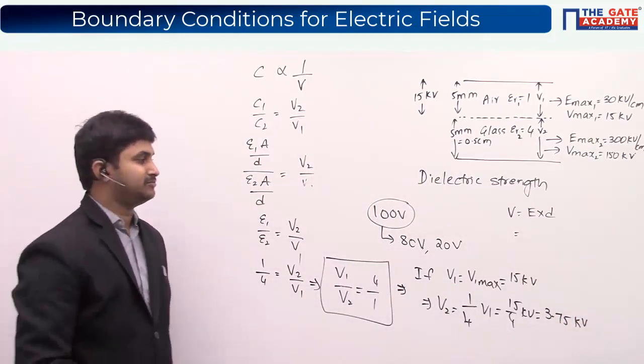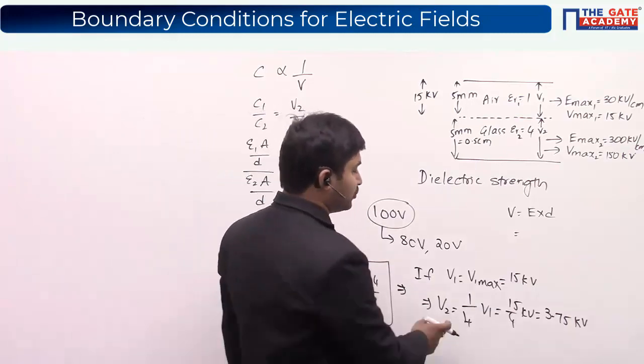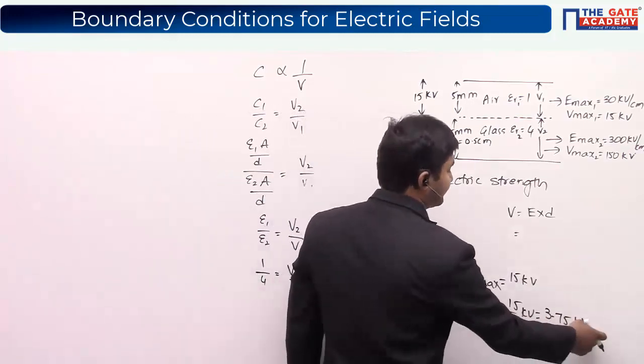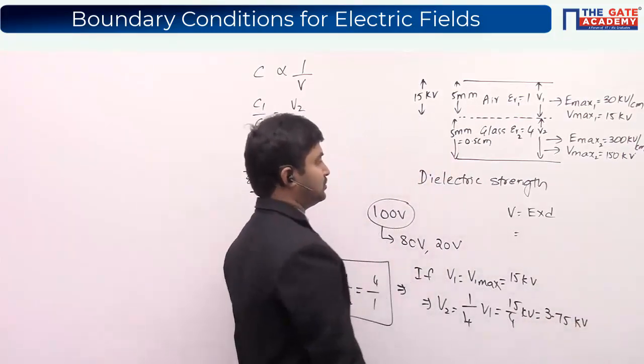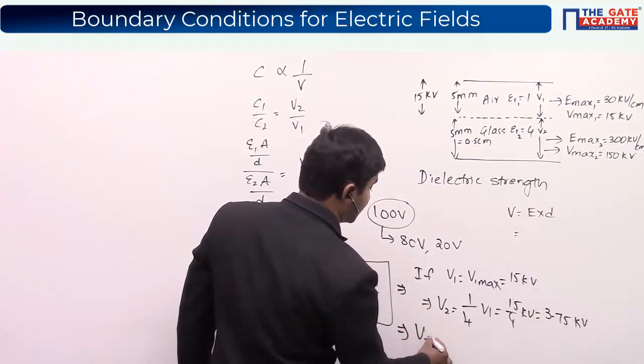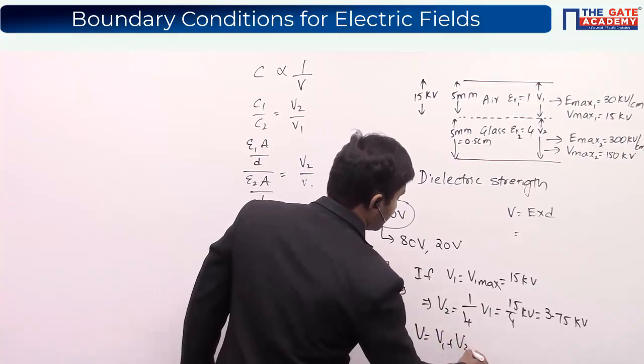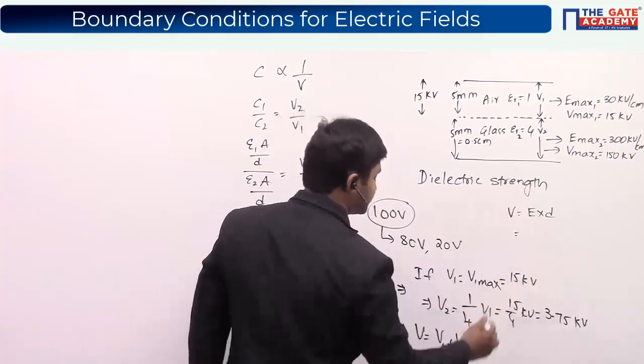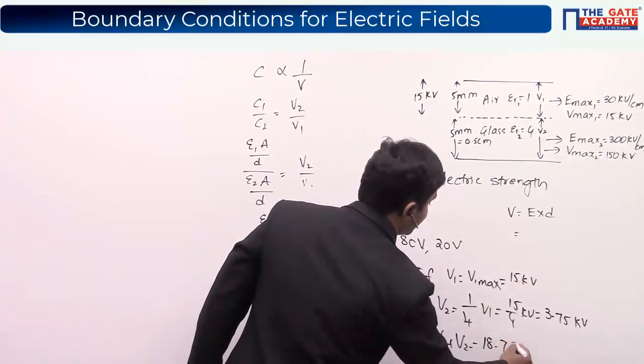So the V2 value is going to be equal to 3.75 kilovolts. So the total amount of voltage, which is V1 plus V2, is going to be 15 plus 3.75, which is 18.75 kilovolts.